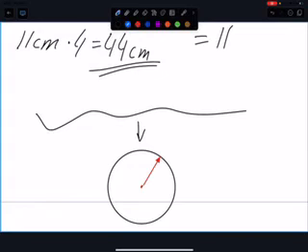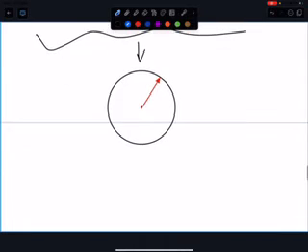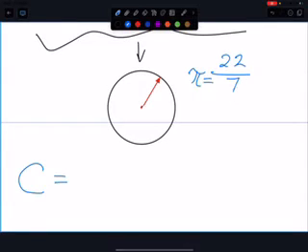What is the radius? Now, the first thing you should know is I need to know the circumference formula. It says use pi is 22 over 7. When you use pi as 22 over 7, do not press 22 divided by 7 in your calculator and press enter.